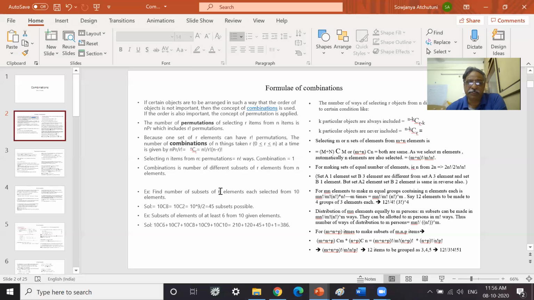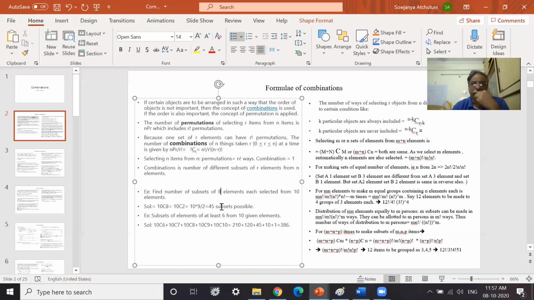Suppose it is 8 elements, then it is 10C8. When I do that, nC8 is 10C2, since nCr is nC(n minus r). So 10C2 is 10 into 9 by 2 factorial. I'm getting whatever subsets are possible.